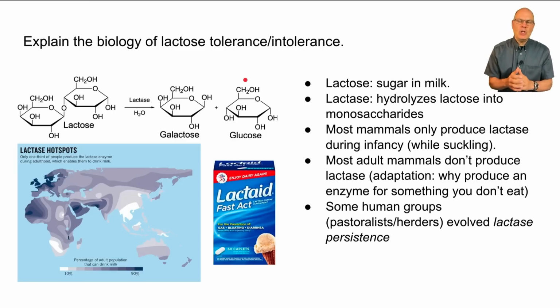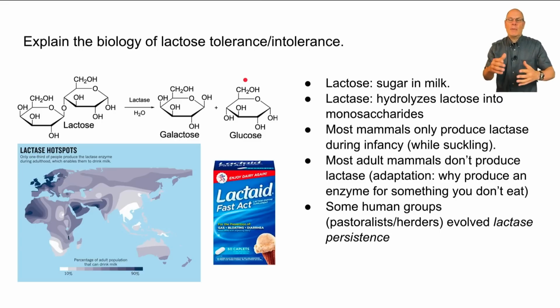But what happened in human evolution is that some human groups that were pastoralists, herders, these are people who were associated with cows and sheep and goats and so on and so forth. They had access to all these milk products from the cows and the sheep and the goats, and some of them developed a mutation that enabled them to continue to produce the lactase enzyme into adulthood.